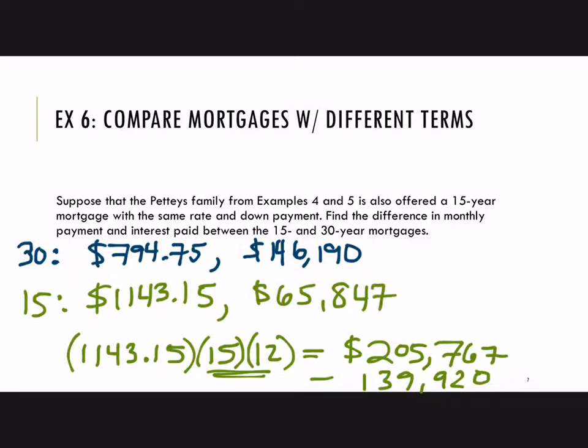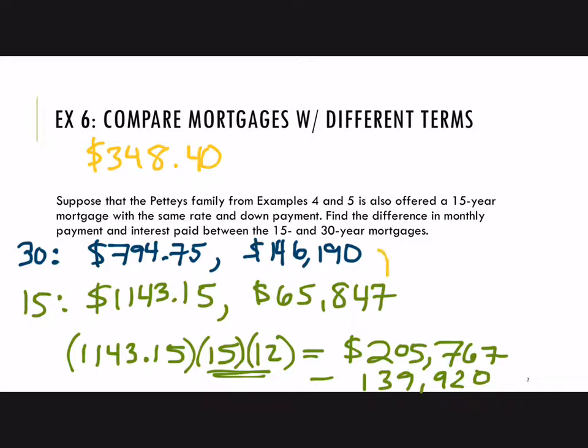They paid $65,847. For comparing, the monthly payment is higher in the second case. They're paying an extra $348.40 per month. Quite a bit higher, but they did save quite a bit on interest.